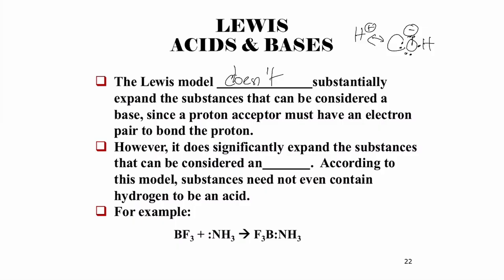But what the Lewis definition does is expand what an acid can be. Acids, by this definition, don't even need to have a proton on them, because they can be some sort of electron deficient species or have some empty orbitals, and now they can accept lone pairs.